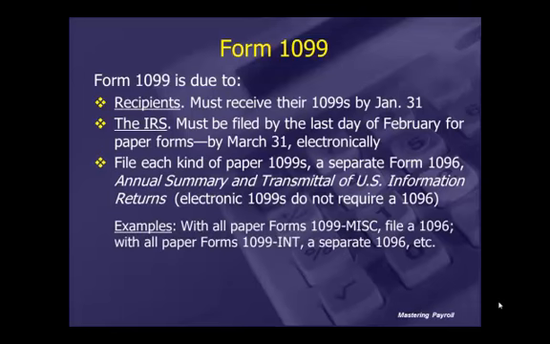With all paper forms 1099-MISC, file a 1096. With all paper forms 1099-INT, a separate 1096. So for the different types of forms 1099, whether it's miscellaneous, interest, dividends, or retirement, they require their own individual 1096 for paper forms.